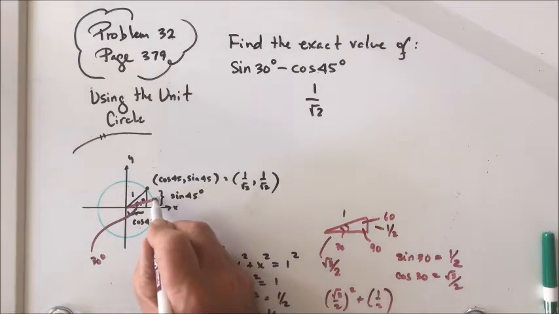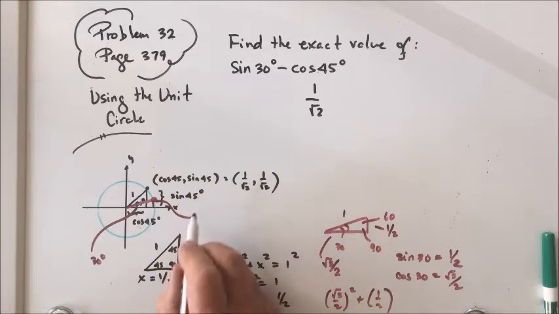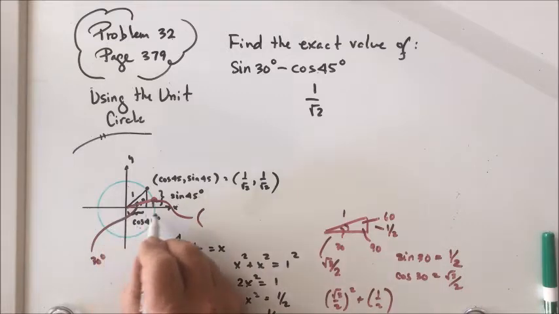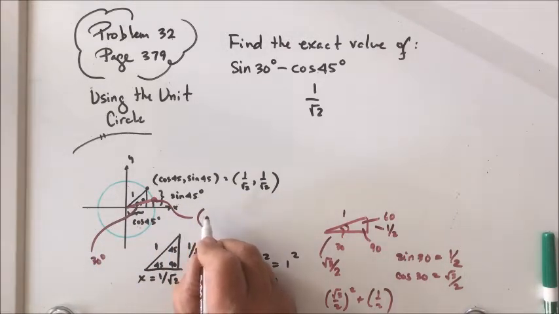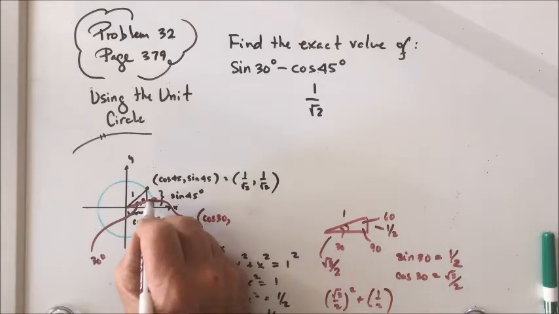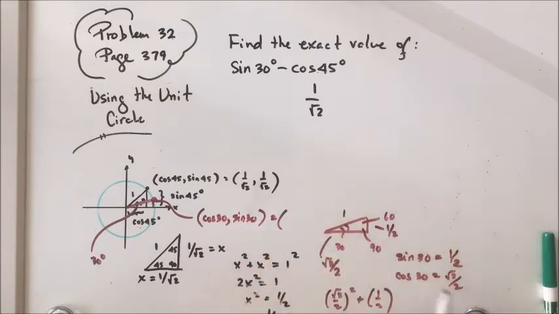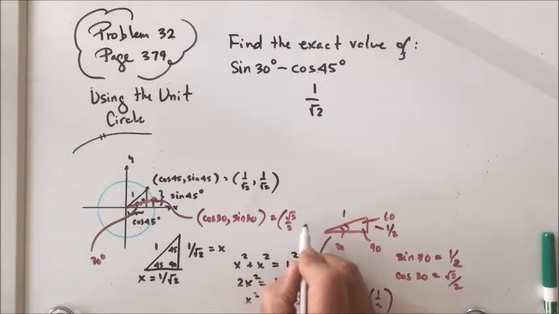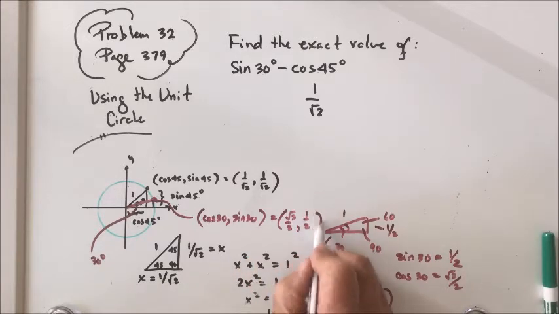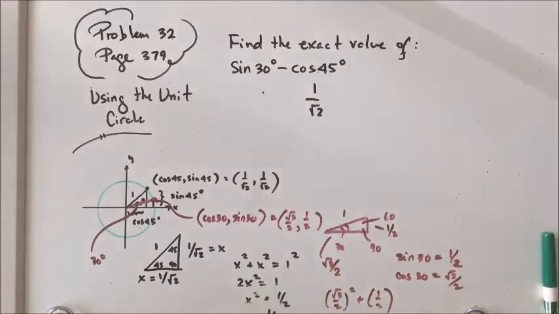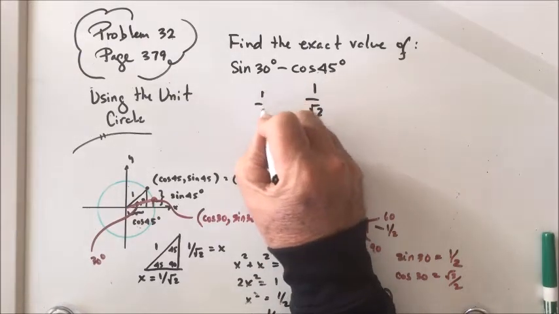So this point right here, sorry that we've got all this jammed in here, the x-coordinate is the cosine of 30, the y-coordinate is the sine of 30, and those numbers are root 3 over 2 and 1/2. So what am I looking for? Sine of 30 is 1/2. Let me get back to the black marker here. Sine of 30 is 1/2.